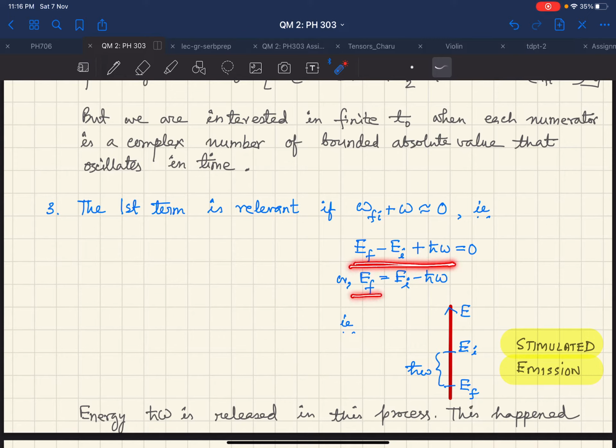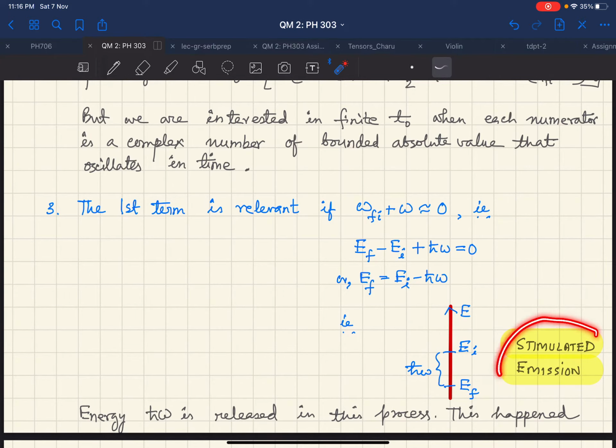That means Ef can be written as Ei minus h bar omega. That means my Ef, the final energy, is lower than the initial energy. So if I look at the energy scale, where energy increases in this y direction, then Ei is here, Ef is below, and the difference between them is given by h bar omega.